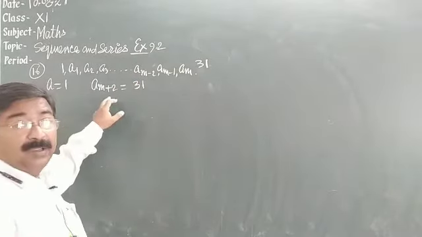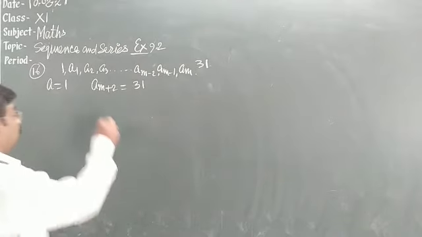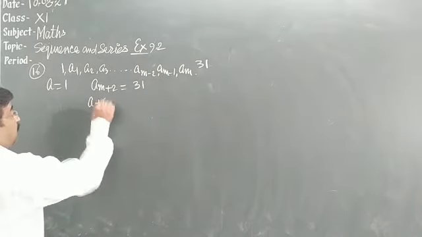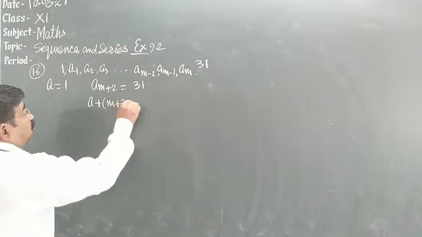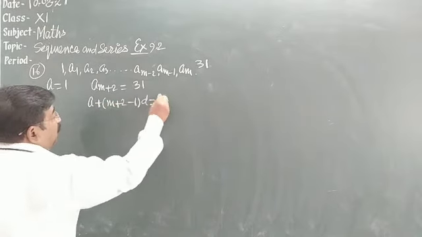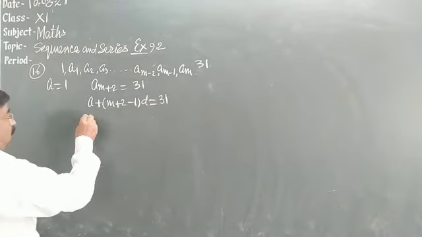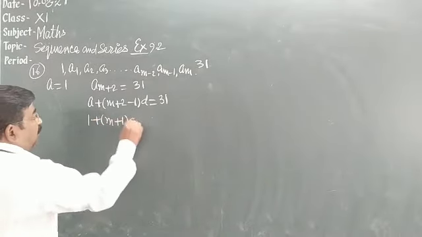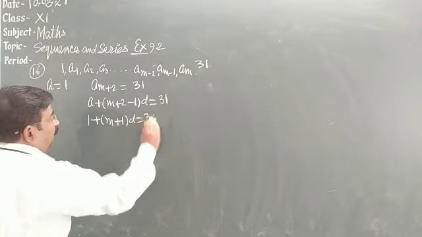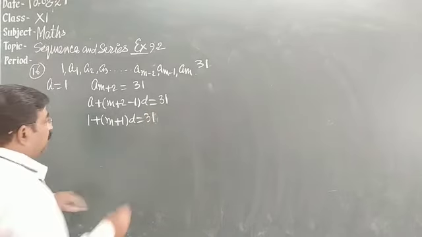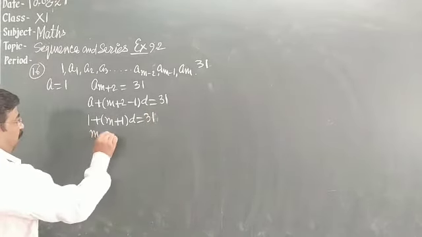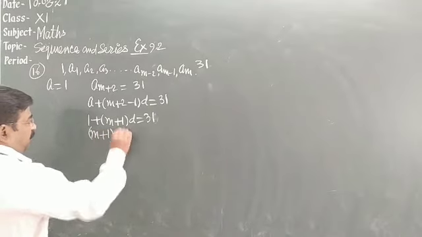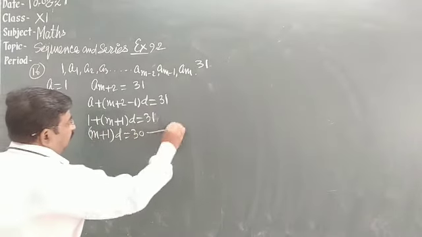Now, writing the formula, a plus (m plus 2 minus 1) into d equals 31. We have a as 1, so 1 plus (m plus 1) into d equals 31. So (m plus 1) into d equals 30. Let this be equation 1.